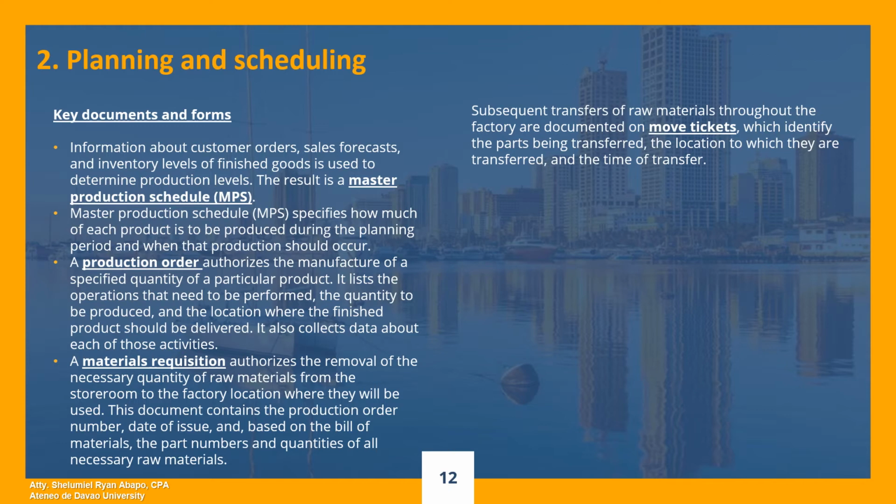Notice, class, that many of the documents used in the production cycle pertain to tracking the movement and usage of raw materials. Therefore, it is expected that there will be use of barcoding and radio frequency identification tags in order to provide opportunities to improve efficiency and accuracy of these materials handling activities by eliminating the need for manual entry of data. Because again, manual entry of data will result in human error, and human error is very critical, especially in the planning and scheduling process of the production cycle.